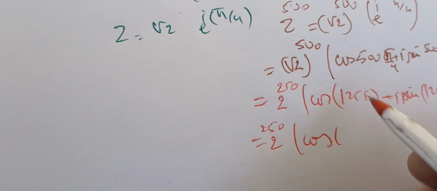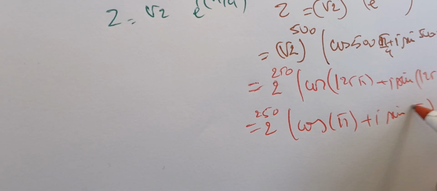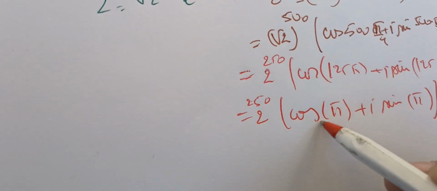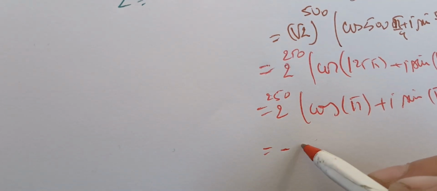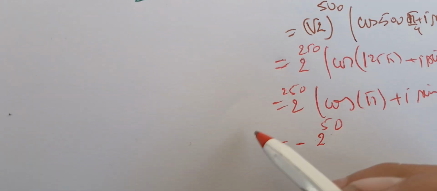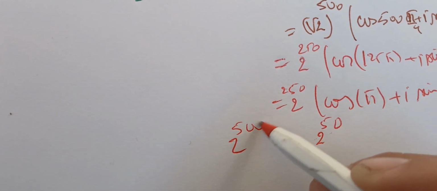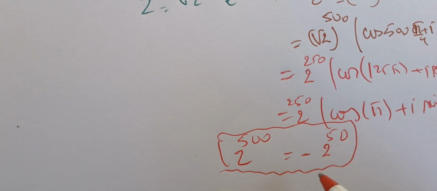That means this is just cosine pi plus i sine pi. What's the cosine of pi? Minus 1. What's the sine of pi? 0. So therefore I have minus 1 times 2 to the power 250. So this is z to the power 500, using de Moivre's rule.